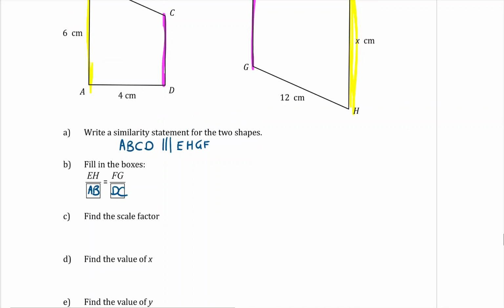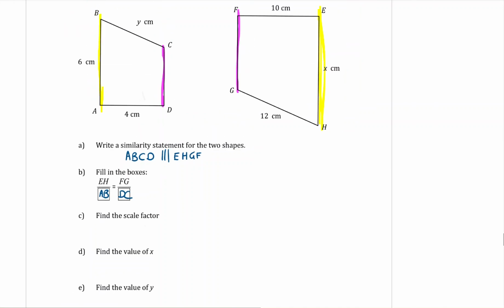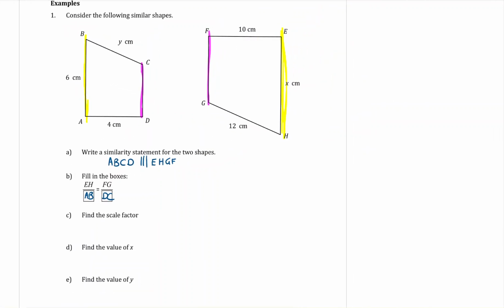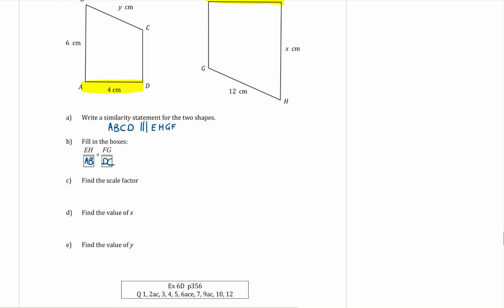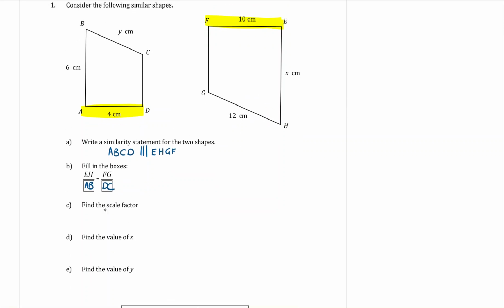So I'm going to start with the big one, and I'm going to look at the side FE. And let me get rid of these other highlighting parts. I can see that this side FE would match that side there. They would go together, wouldn't they? So I'm going to use that to find my scale factor. I'm going to start with FE, and I'm going to divide it by the DA.